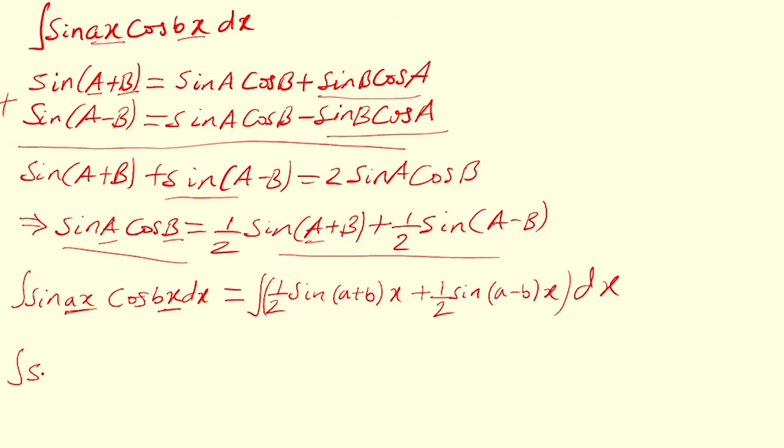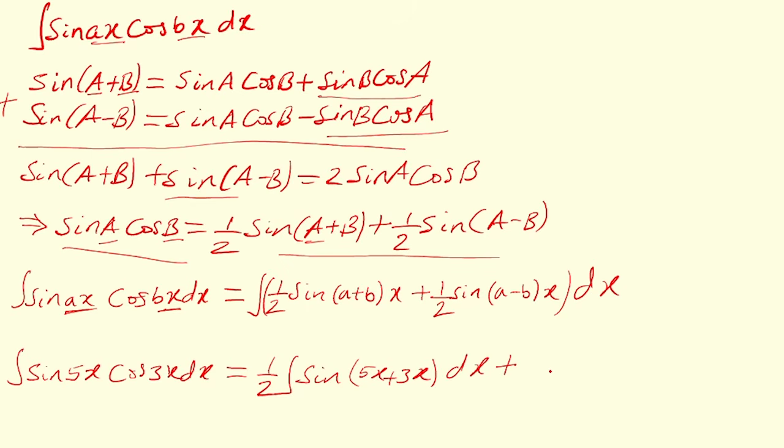The integral of sin 5x cos 3x dx is equal to half the integral of sin of the sum, 5x plus 3x, dx, plus half the integral of sin of 5x minus 3x dx.